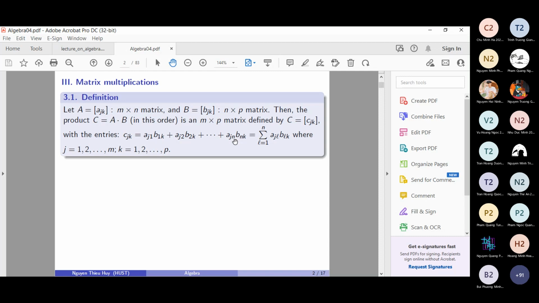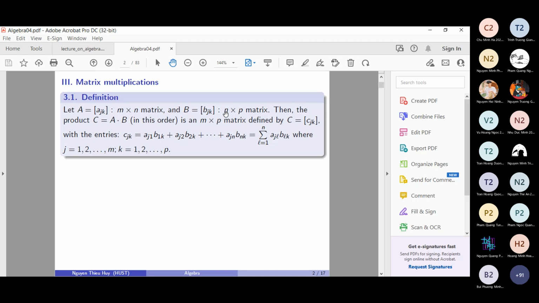Therefore A should have n columns. And on the k-th column of B, there are exactly n entries, so that it has enough entries to multiply with the row of A.